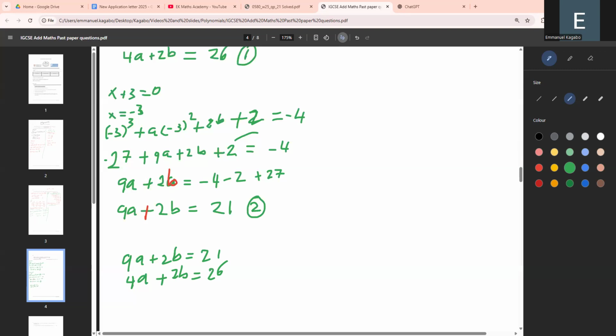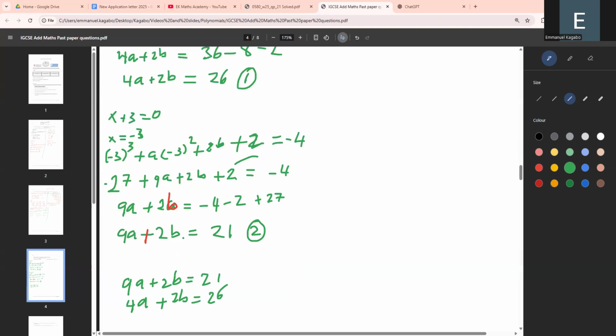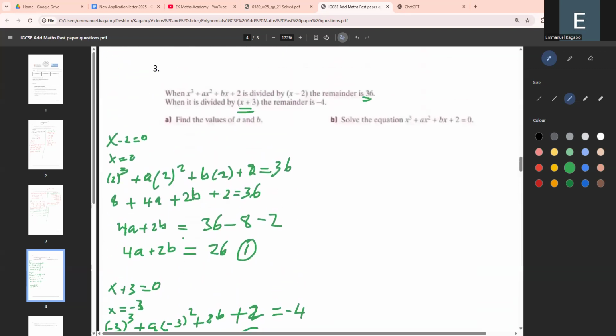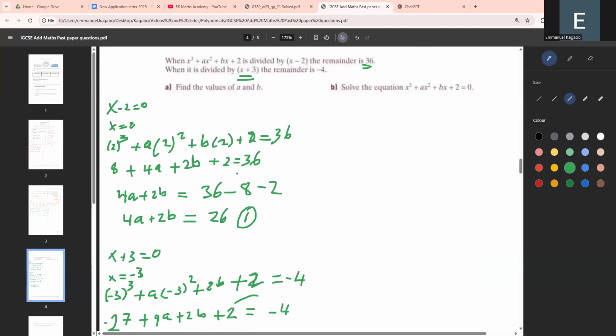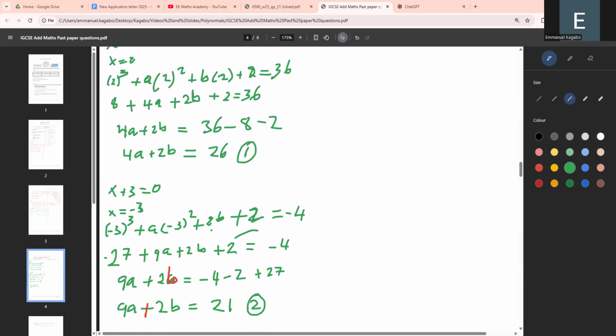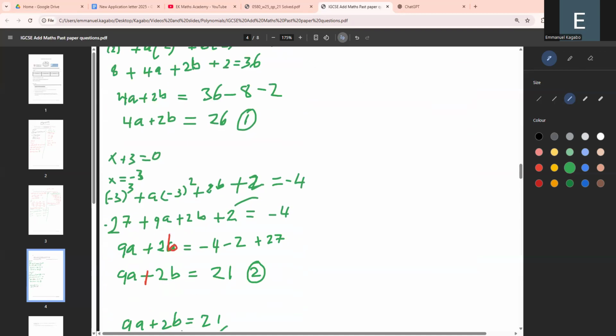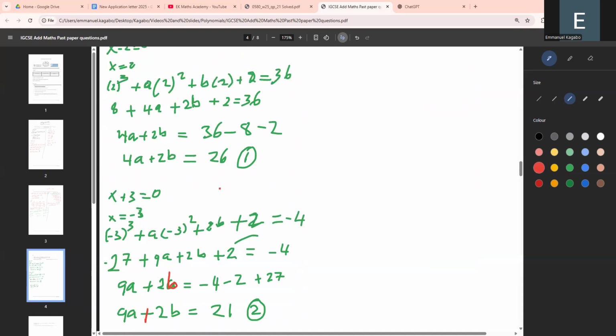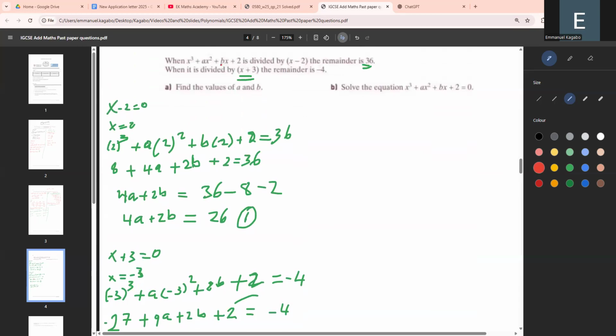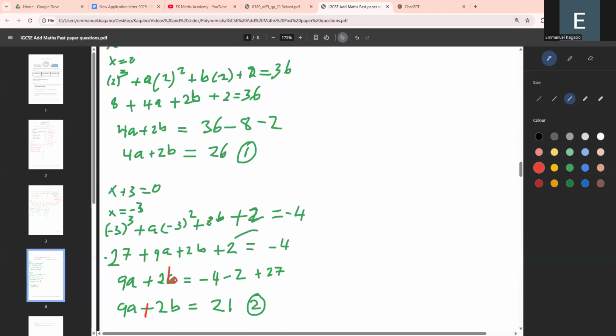Okay, let me double check somewhere. Oh, there is a mistake made here. This was positive 2. Okay, that's okay. 4a plus. Okay, that's okay. Here for the second equation, 2a. Hold on. This was b.